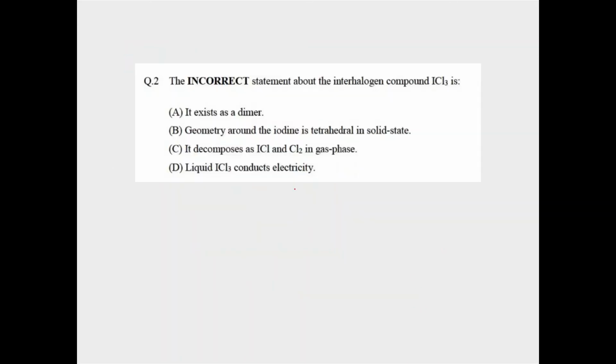So going back to the question, which among the following is an incorrect statement about the interhalogen compound ICl3? It exists as a dimer: this is a correct statement. Geometry around the iodine is tetrahedral in solid state: this is incorrect.